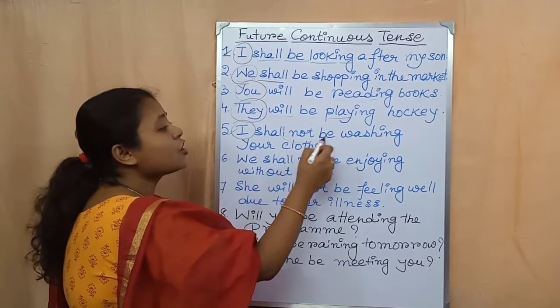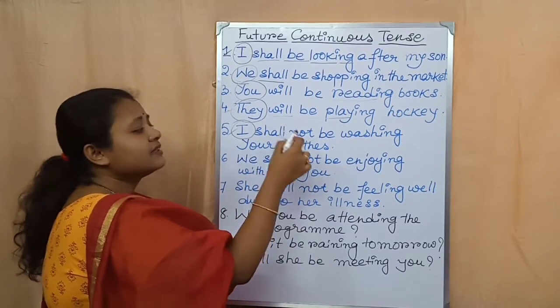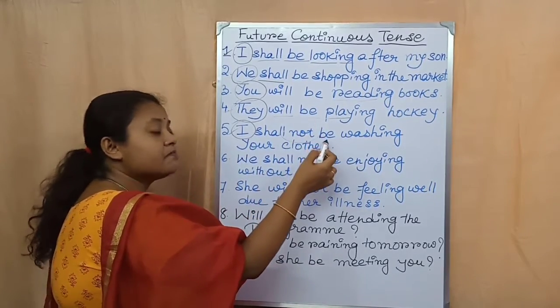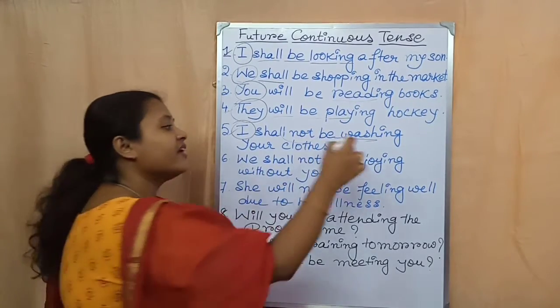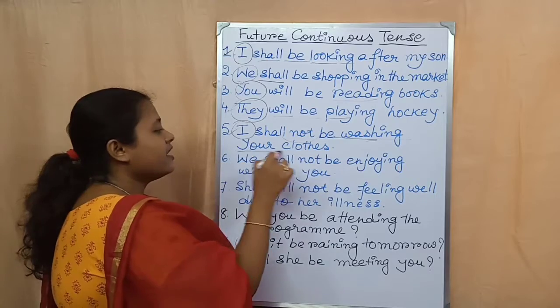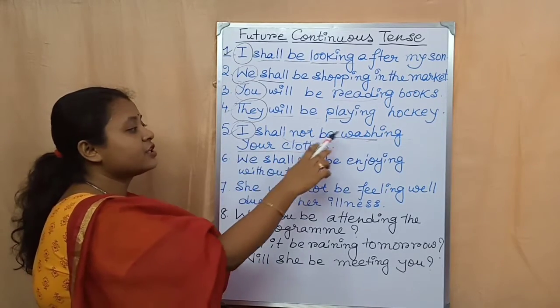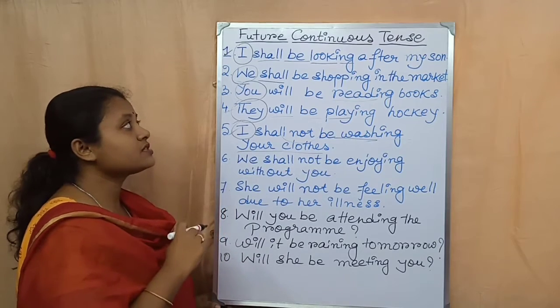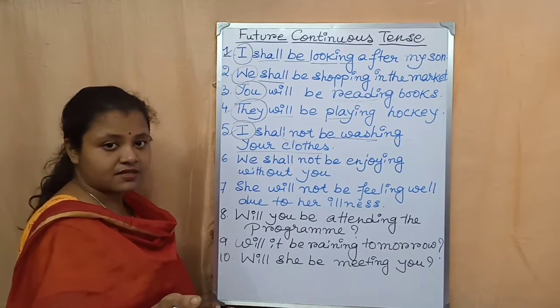I shall not be washing your clothes. After shall, then comes not, then be, then the present form of the main verb wash, then ing, then the rest of the sentence. So here you can see I shall not be washing your clothes. This is an example of future continuous tense in negative sentence.